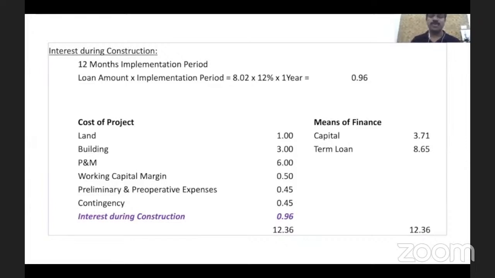Each term loan is going to impact several thousands of lives at the time of project implementation and during the course of the life of the project. At the time of project implementation, the owners, the laborers, the stakeholders, the suppliers, so many people are involved. It's going to have an impact on their life, on their livelihood.